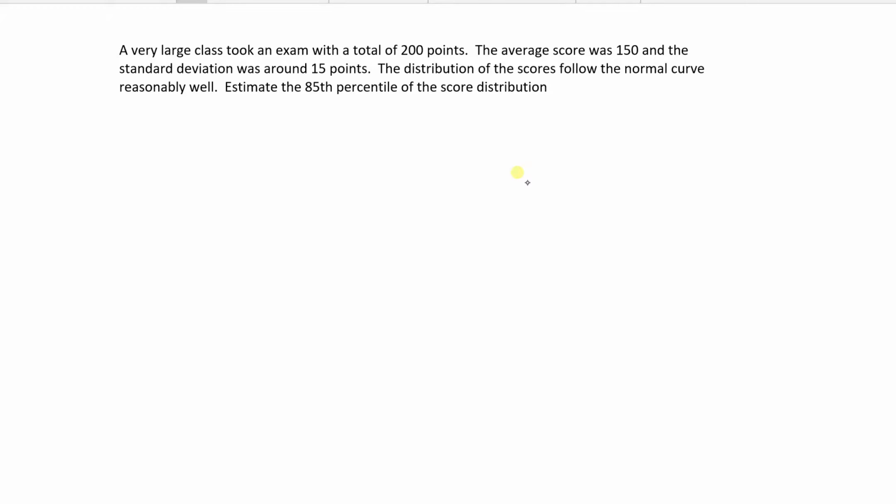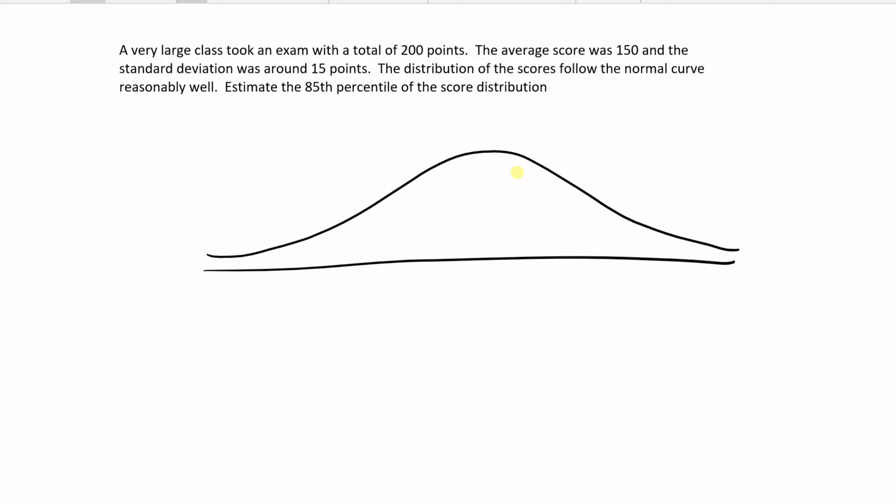So first, let's recall what we mean by the 85th percentile. Let's call this Z. Z is located at the 85th percentile, which means the area under the histogram to the left of Z is 85%.